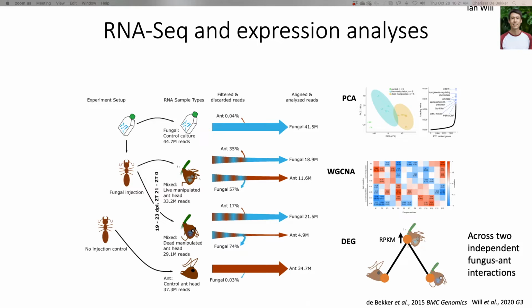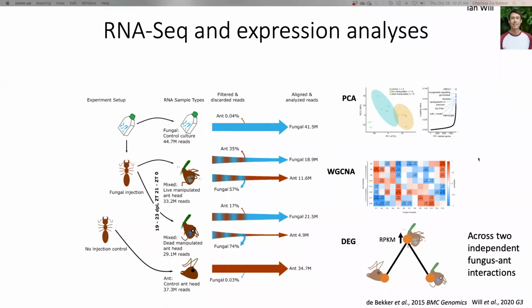And then we do a whole bunch of analyses after normalizing the data to get the gene expression. So we use, for instance, principal component analyses, or PCAs. We use weighted gene co-expression network analyses, or WGCNAs, and the classic differential gene expression analyses, or DGEs.